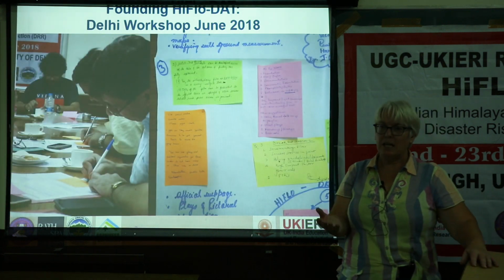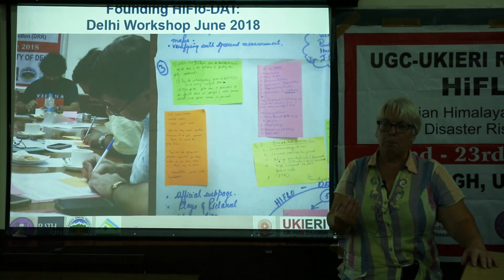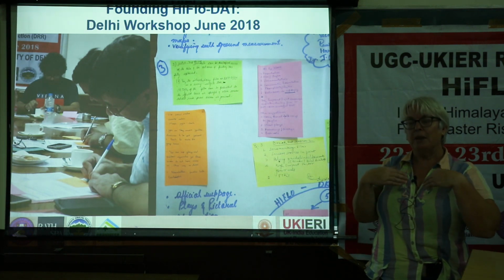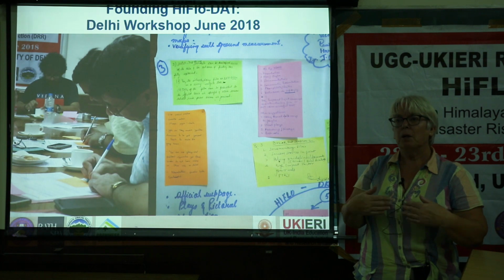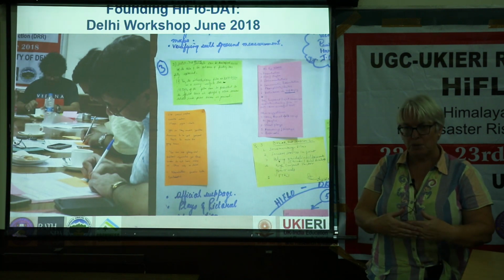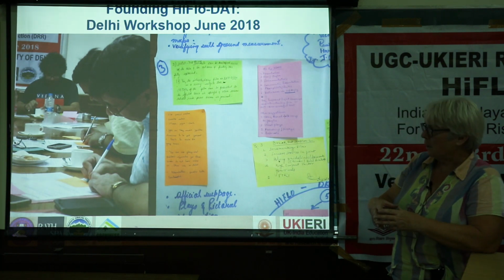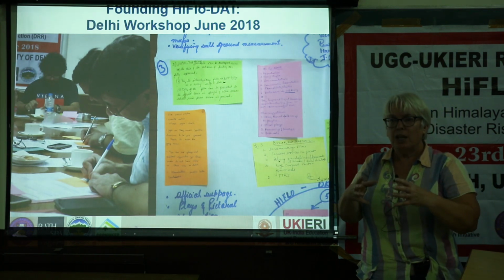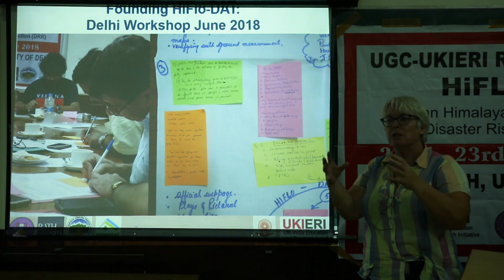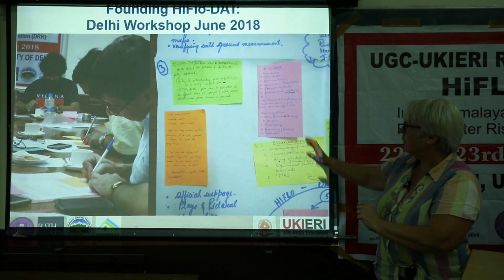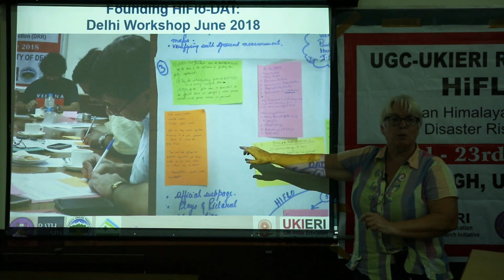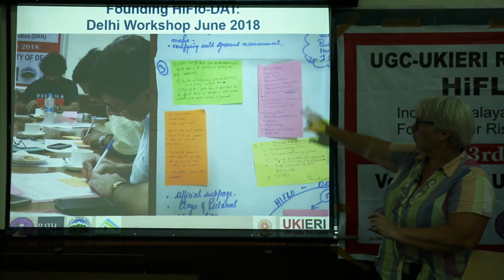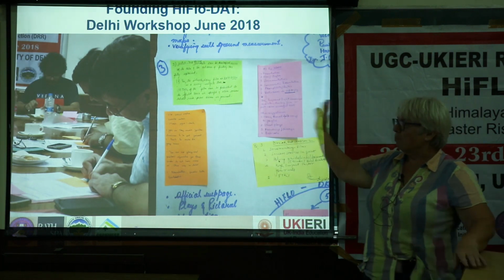So actually at the Delhi workshop, we got people to think about a number of questions that we posed. People worked in groups, and to make it a kind of democratic project, we actually got people to work in small groups. We gave them these sticky notelets, post-it notes.